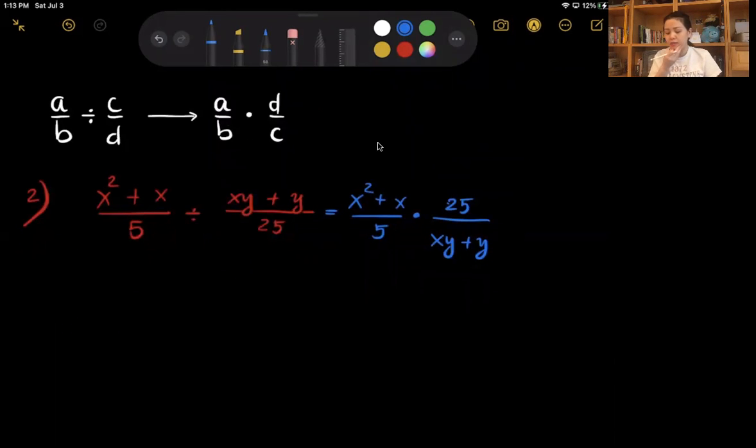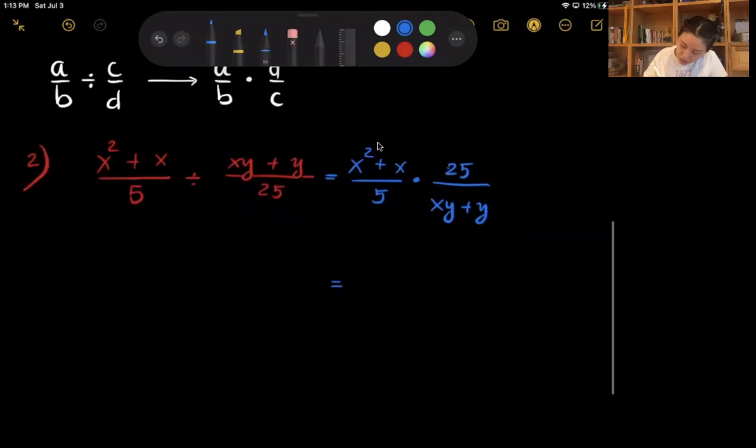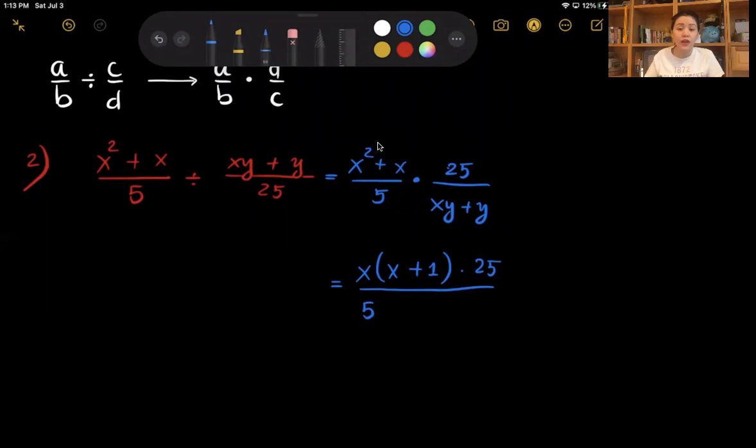Okay, so let's factor out everything and then we cancel all at once at the end. The top, I see I can factor out the x, that leaves me x times x plus 1, times 25, divided by the bottom, 5 times, I can factor out the y on the bottom, so y, and that leaves me x plus 1.